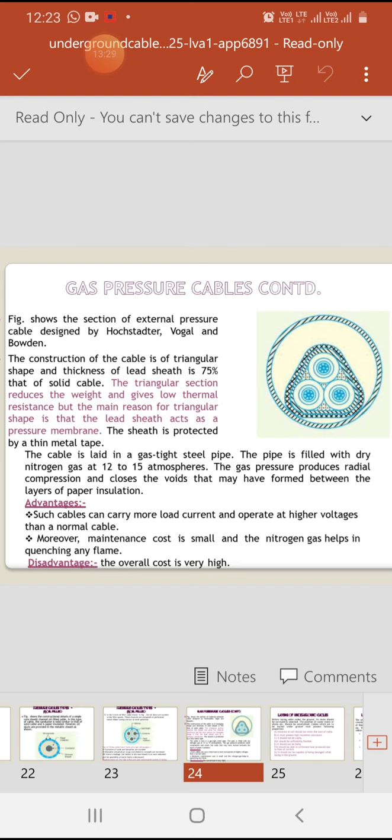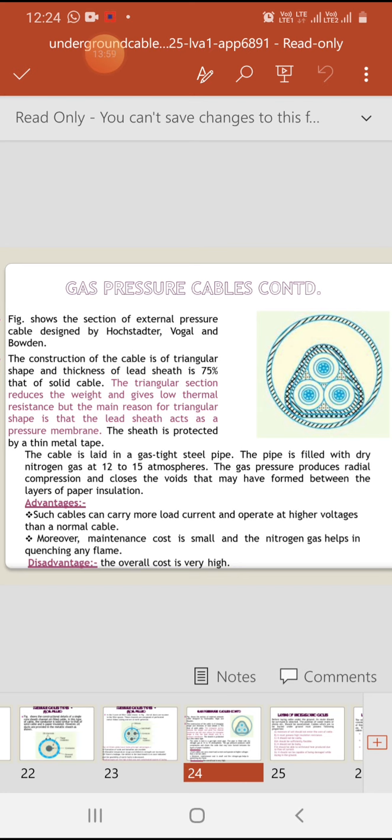The construction of the cable is similar to that of an ordinary solid type, except that it is of triangular shape and the thickness of lead sheath is 75% as compared to the solid cable. The triangular section reduces the weight and gives low thermal resistance. The main reason for the triangular shape is that the lead sheath acts as a pressure membrane.